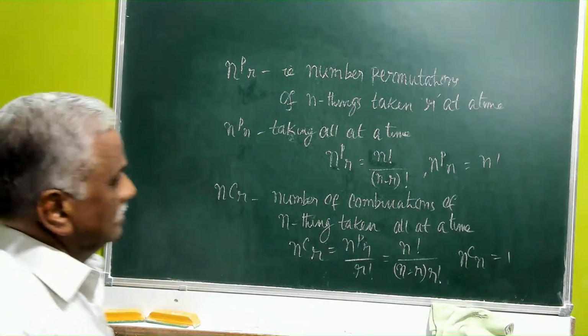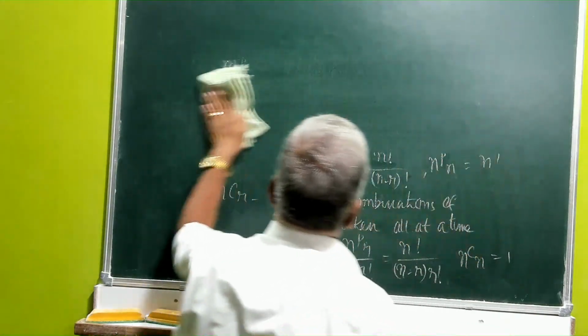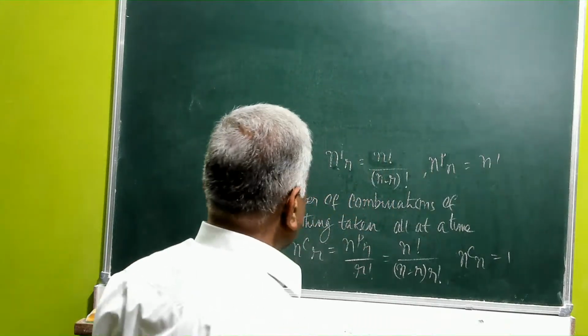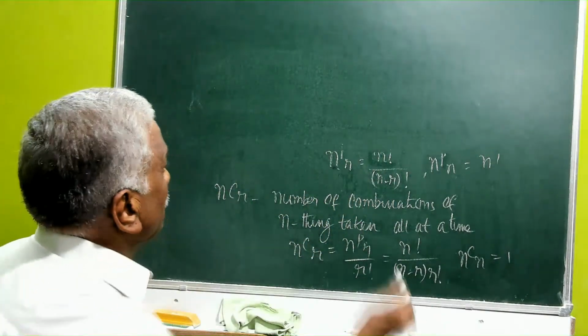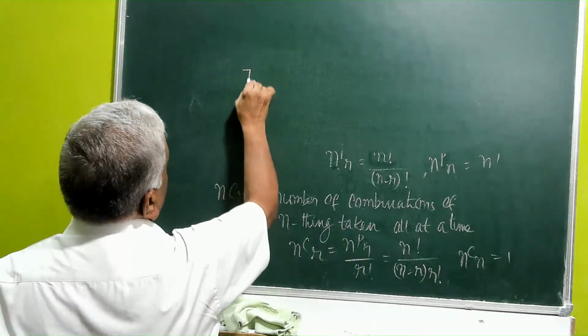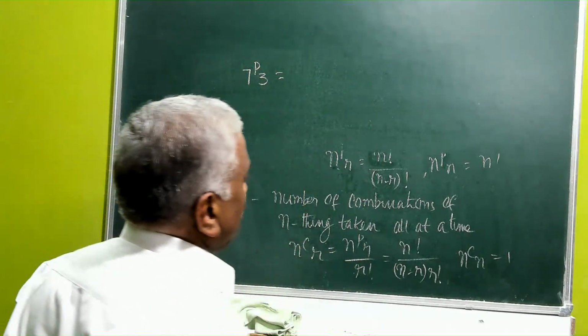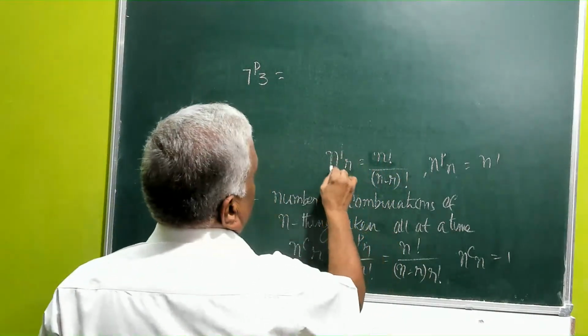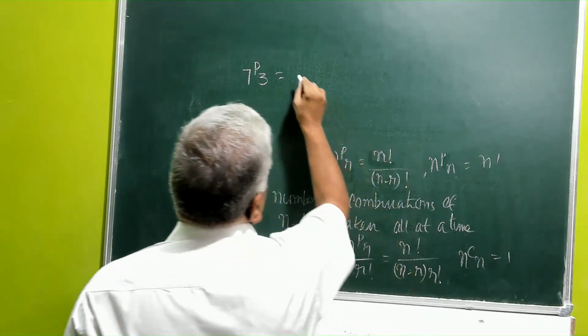I'll just explain to you the simple way of simplifying nPr, so that when we have to work the problem, this method will certainly help you. Supposing we have to find 7P3. What is the formula? nPr is equal to factorial n over factorial n minus r.